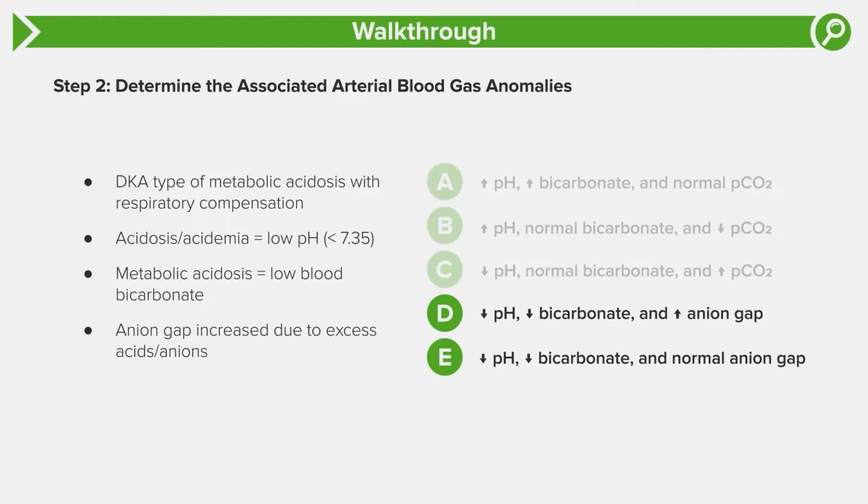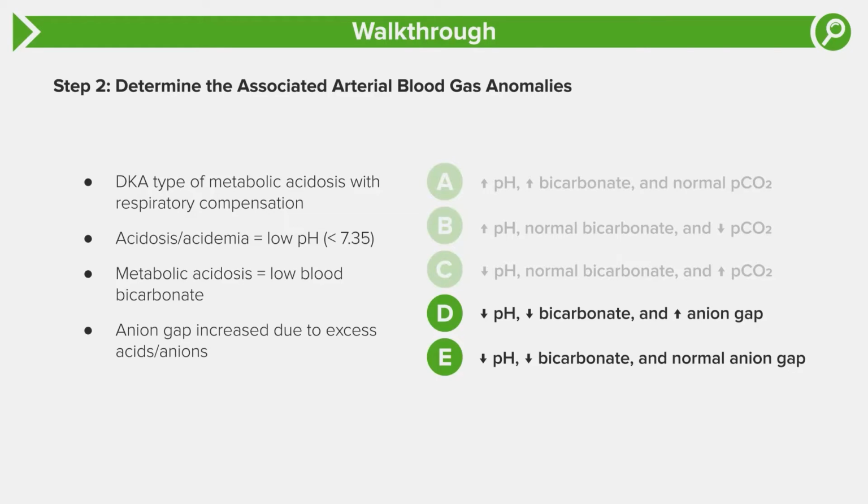Now, an anion gap is calculated by taking your sodium, adding potassium, and then subtracting the sum of the chloride and the bicarb. And that measures the amount of anions in the overall charge that needs to be there in the body's blood. So when a patient has DKA, they have excess ketones running around that are going to eat up the bicarb, and you're going to have an acidotic state, and you're going to have an anion gap.